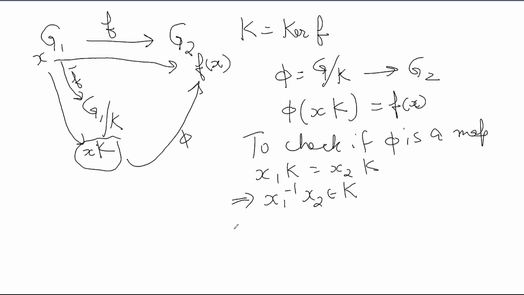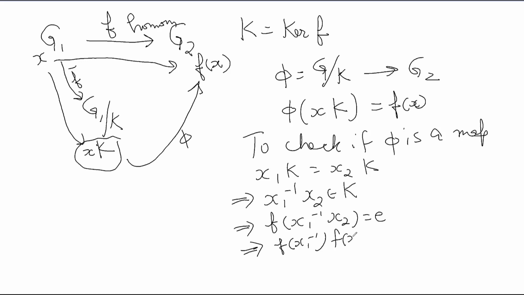So this means f of x1 inverse x2 is going to be the identity, and remember, it's a homomorphism, so the inverse is taken to the inverse.